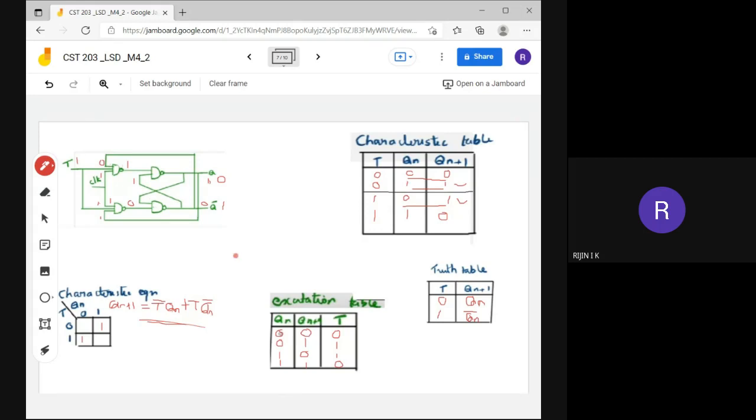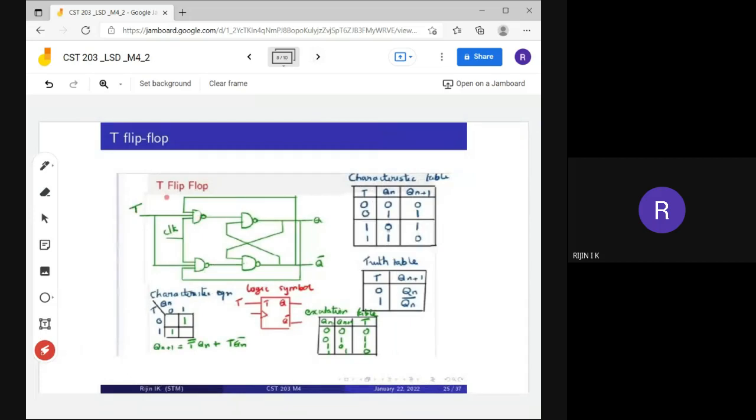From that characteristics table, how do we find the characteristics equation? By using K-map. And this is also the truth table corresponding to this T flip-flop, and this is the excitation table. So this is all about the T flip-flop.